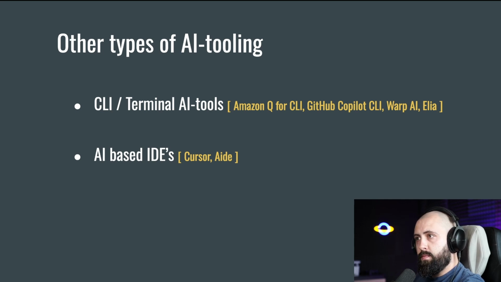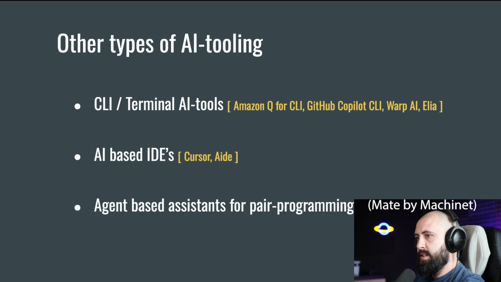And the third one, finally the newest class of tools, is AI-based assistants for pair programming. It is really hard to quickly explain how it works, so I recommend you just try it. Here I recommend you try Mate by MachineNet.